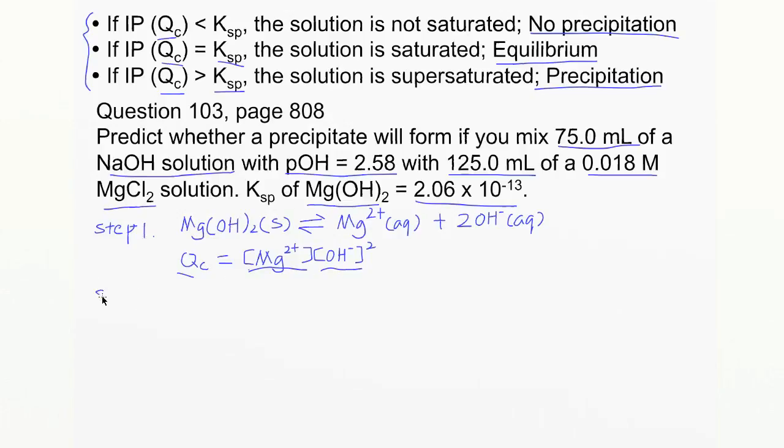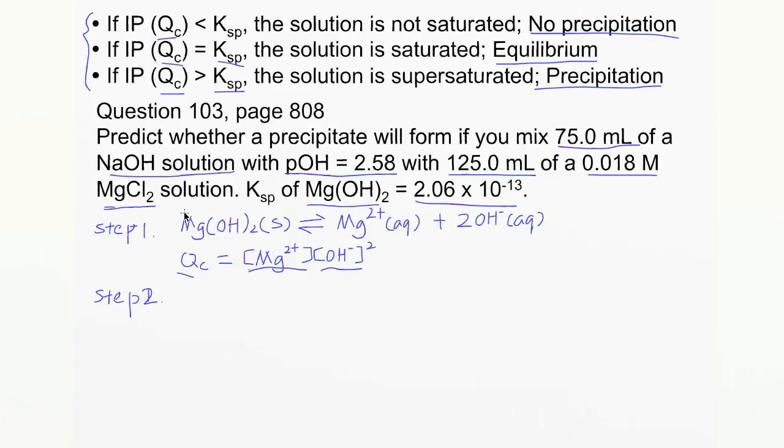So step 2. In this step, we're going to talk about how we calculate the two concentrations. Now let's analyze this question one more time. You mix two solutions together, you get a new solution. Before you mix the solutions, you have OH concentration from the sodium hydroxide and magnesium concentration from the magnesium chloride solution.